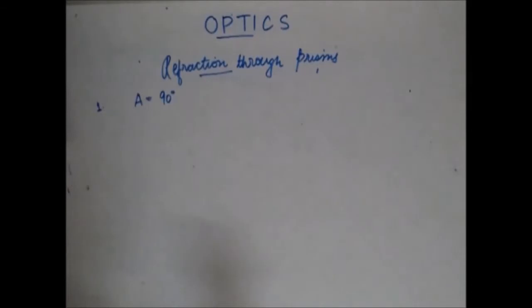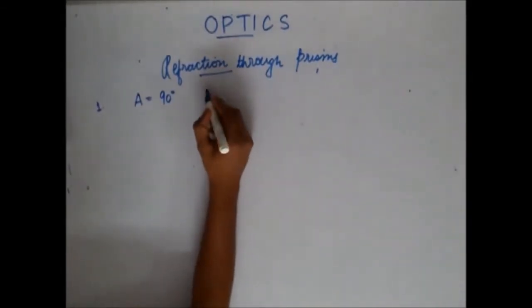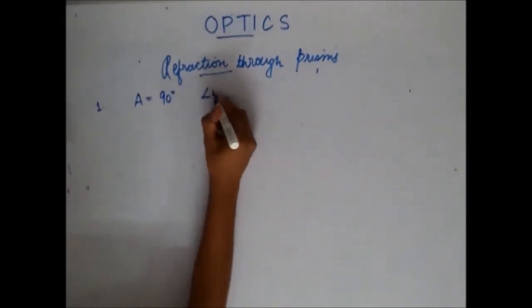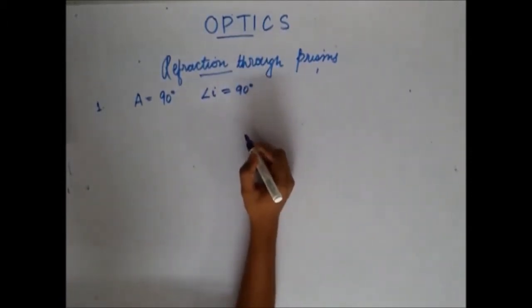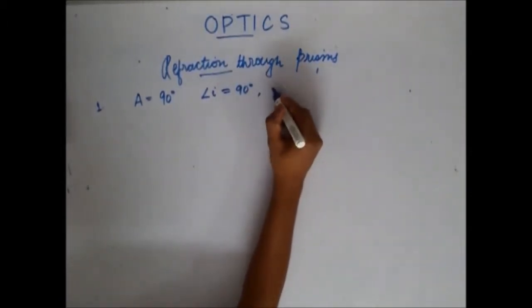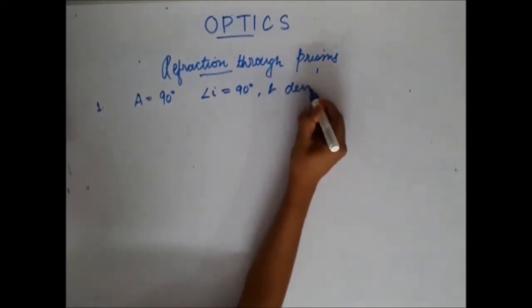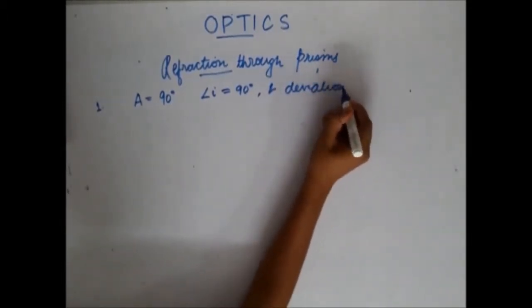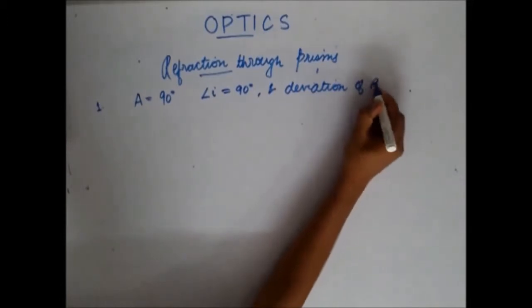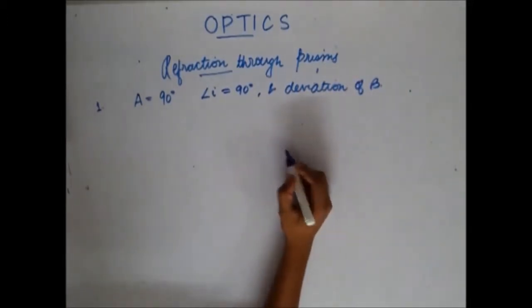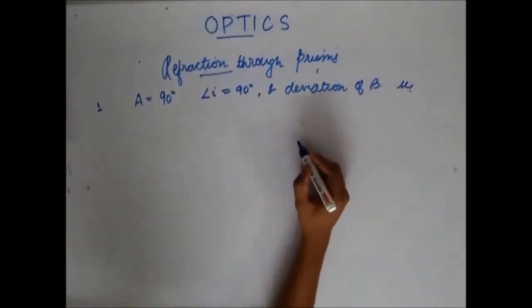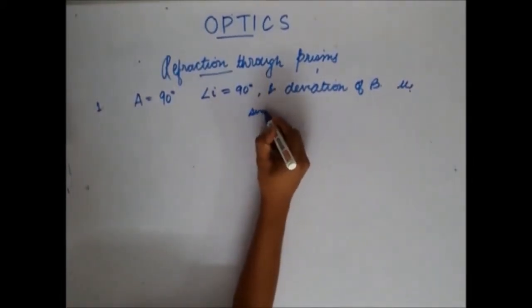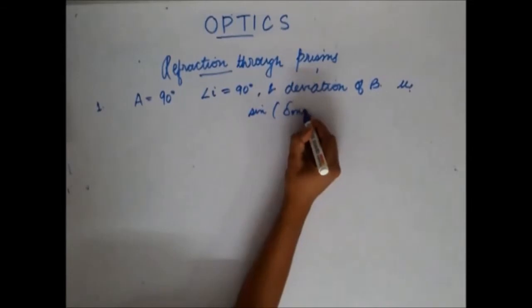Now it is asked that for an angle of incidence of 90 degrees and a deviation of beta, what is the refractive index of the prism and what is the sign of delta minimum?